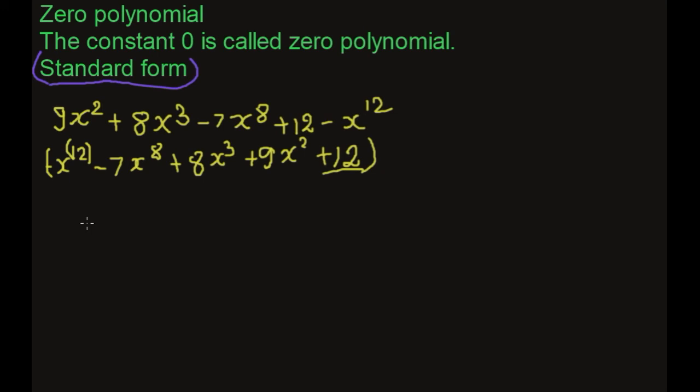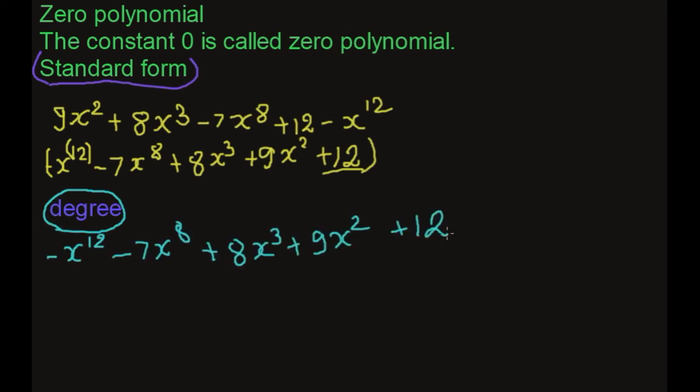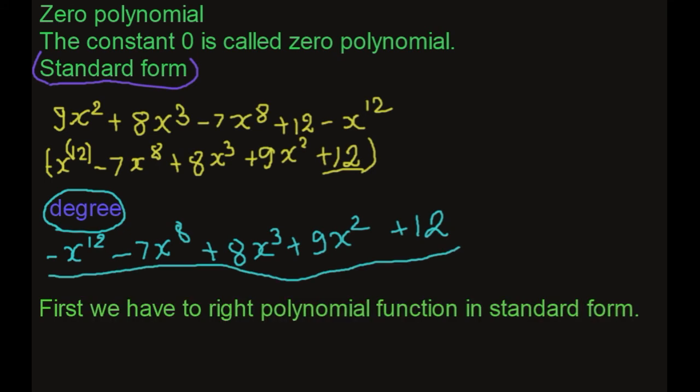Now how do we calculate degree? We will take this example only. Before calculating, we have to first write the polynomial function in standard form. After that we will calculate the degree. So now we have written this in standard form.